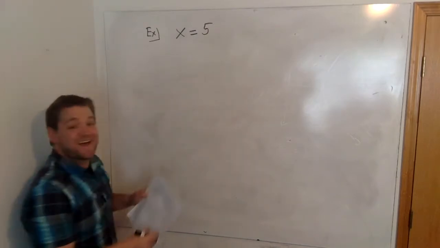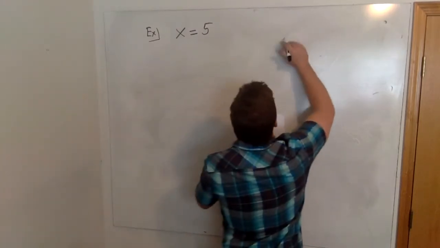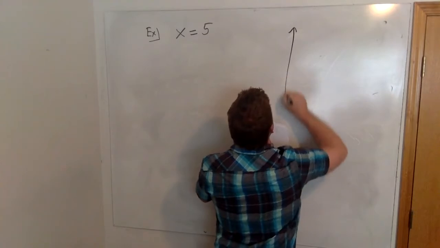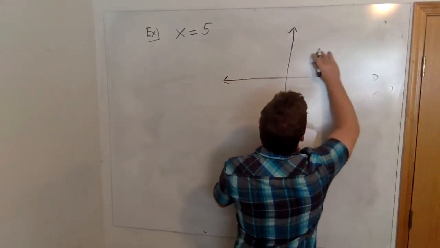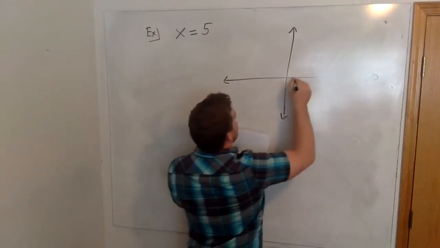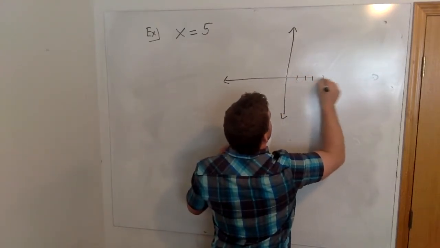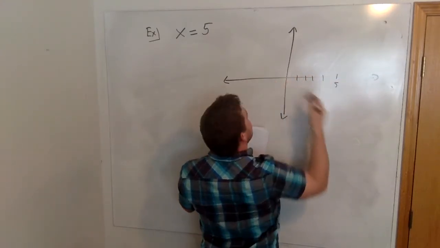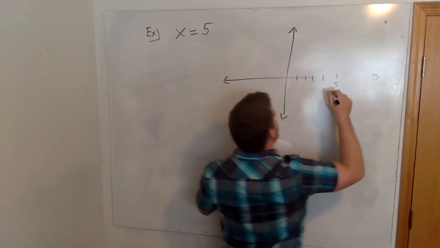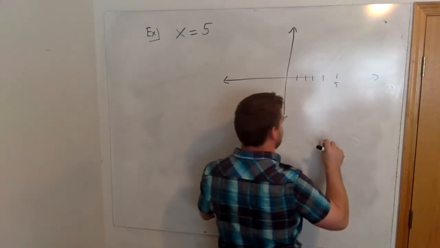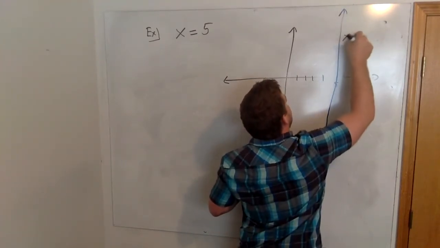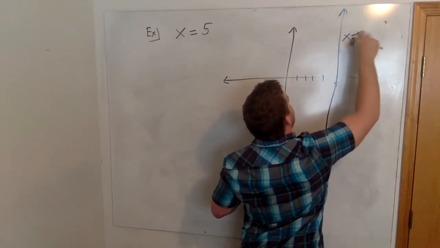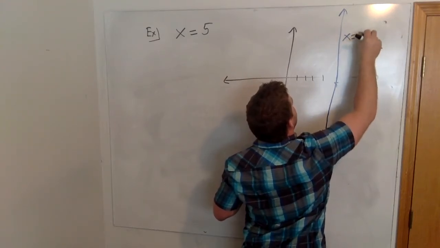Just simply x equals 5. So this is 1, 2, 3, 4, 5. This says regardless of what the y coordinate is, the x coordinate is always 5. So maybe I'll write that in blue. This is the equation x equals 5. Doesn't matter what the y value is, the x coordinate's always 5.